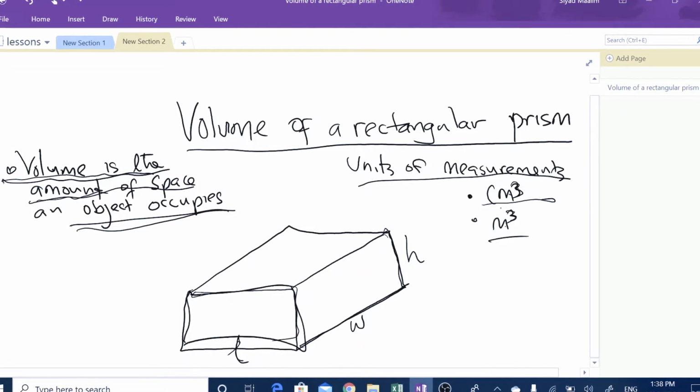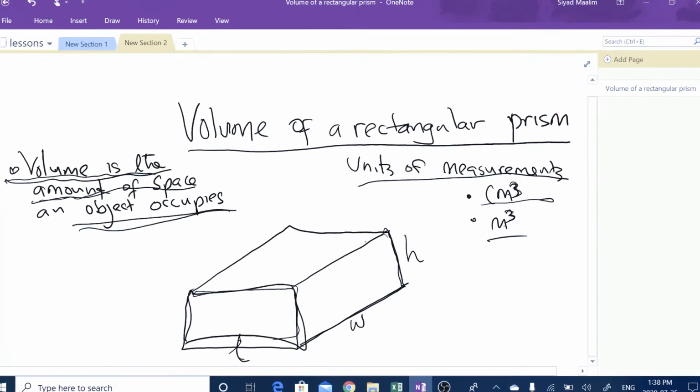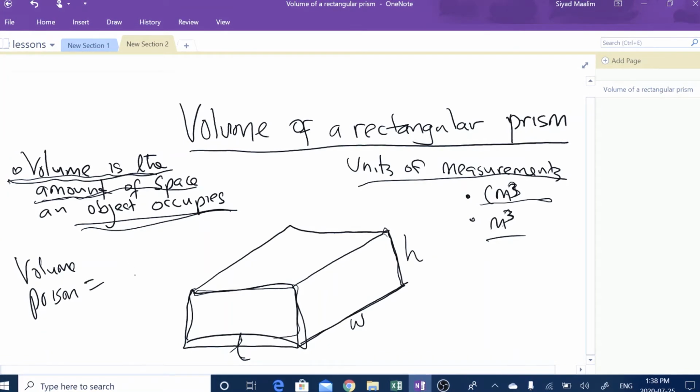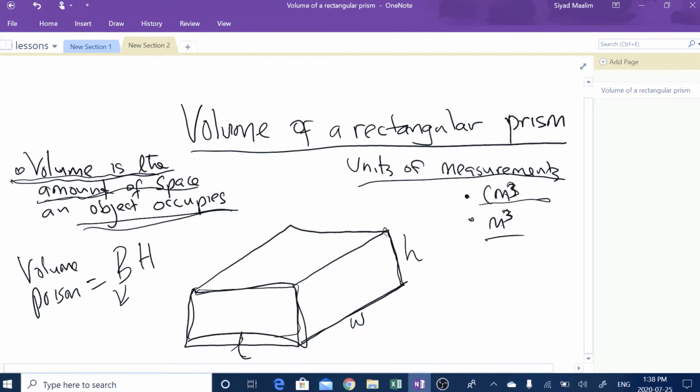So we will start with volume of a rectangular prism. But before I move into that, I have to explain that volume of any prism is generally equal to the base area times height, where the base area can be of different shape.